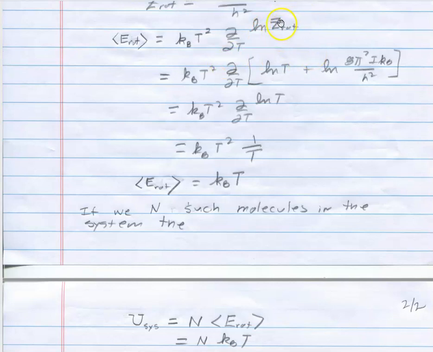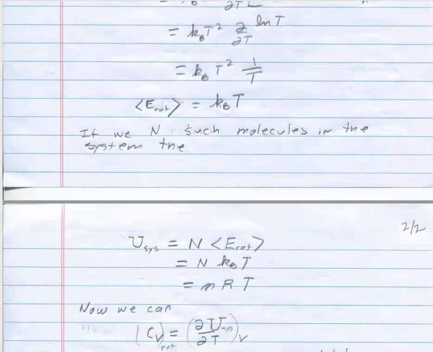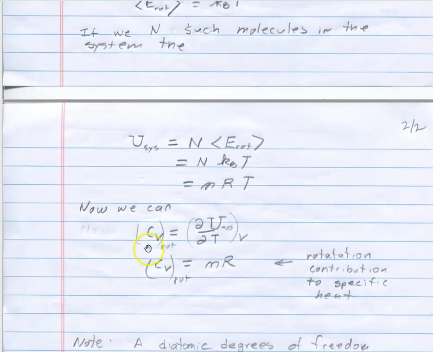Z really depends on volume as well in general, and in this case it doesn't, but in general it does. And so when I say partial with respect to T, I'm treating everything else as a constant, in this case the volume. So this is actually the specific heat at constant volume, but just due to the rotational energy of this rotational system. And I have that up here.